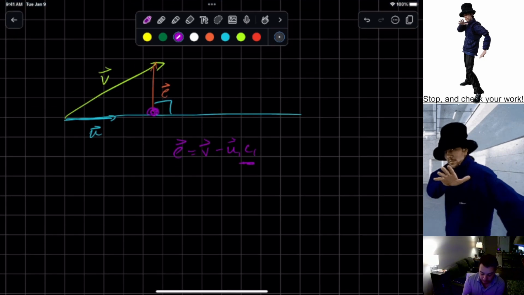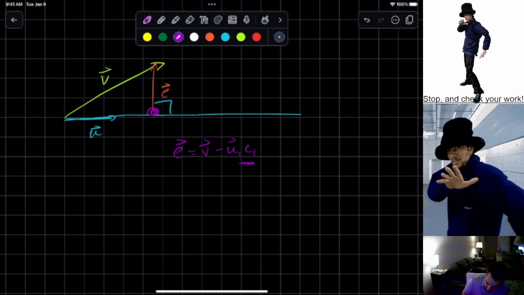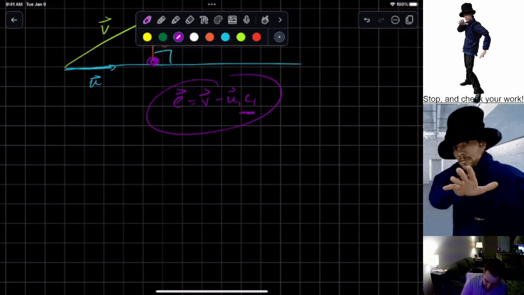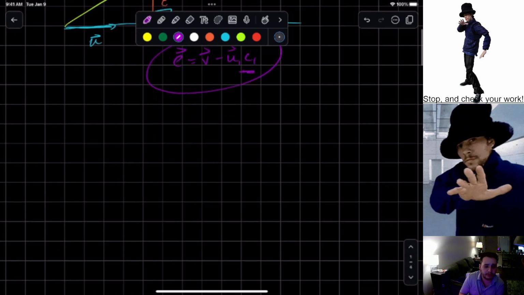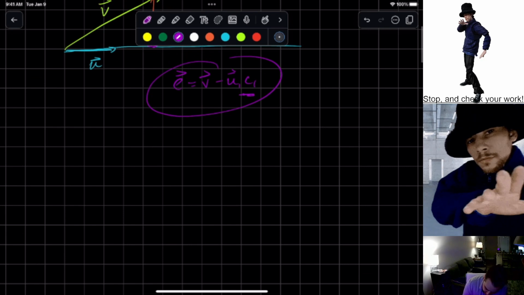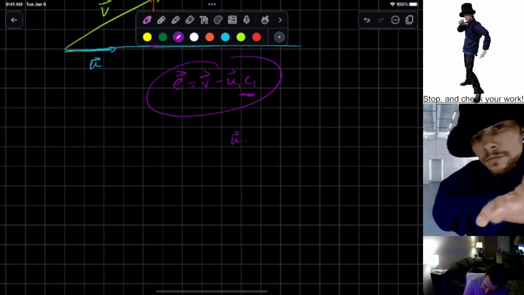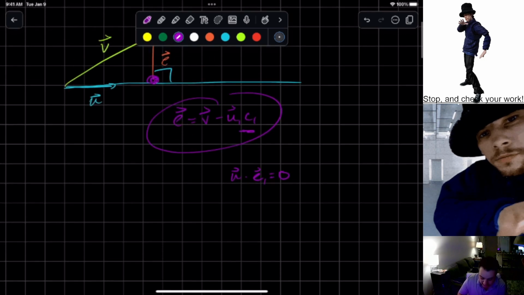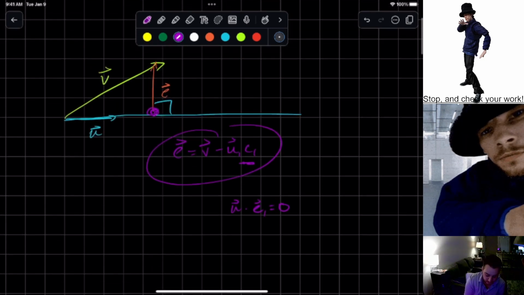So that's very important to know. So in light of this kind of equation, we need to determine this proof. This will help us later on in the video. So it's the u vector dot the error vector is equal to 0. This proves that we need to have this equal 90-degree angle.